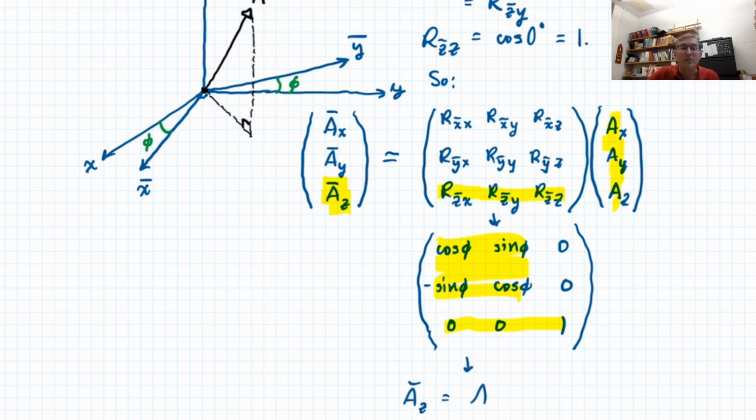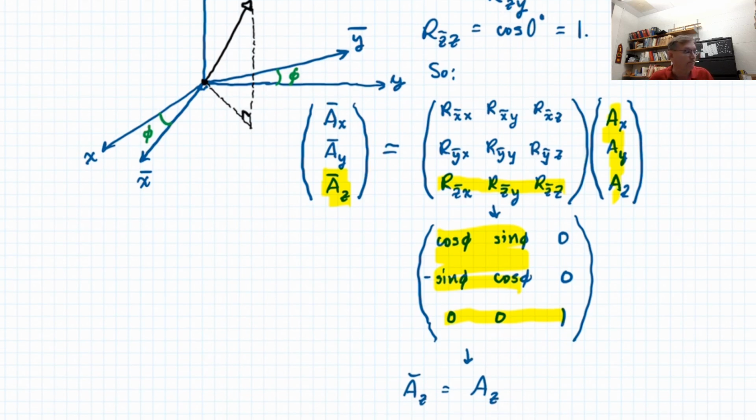In other words, the z component of our vector is unchanged if the rotation is about the z axis, which should seem reasonable. Okay, just a little more I want to say about this whole rotation business of the axes.